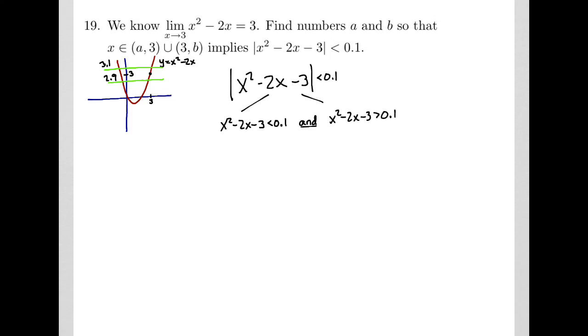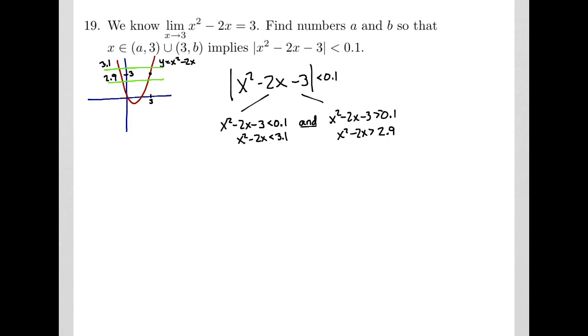And to connect that to the picture I drew, if I add 3 to the other side, x squared minus 2x, the graph, is less than 3.1, that's the top line, and x squared minus 2x is greater than 2.9, and that's the lower line.